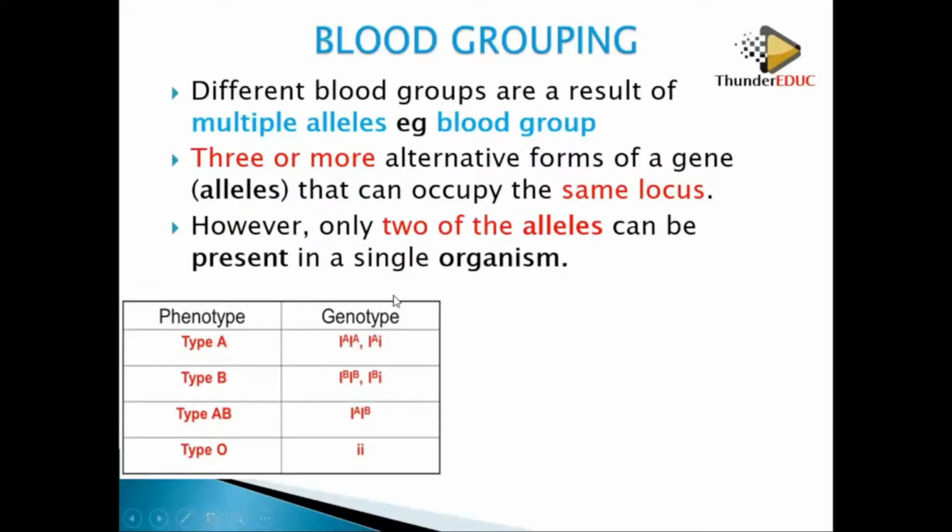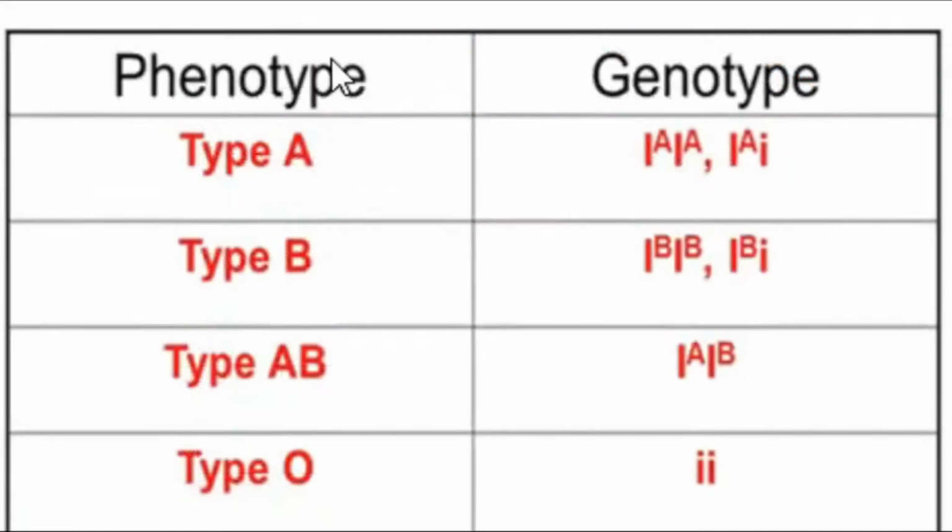For example, if you look at a blood group, you have the phenotype and you have the genotype. The phenotype is the blood type or the blood group, what you see. When I ask which blood group you have and you say blood group A, that is what we can see, because phenotype means what is outside.